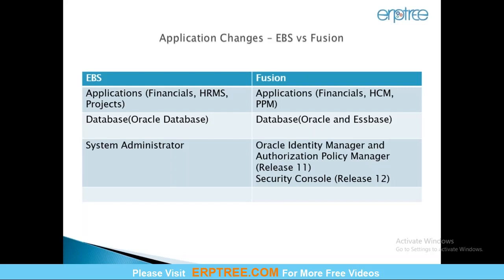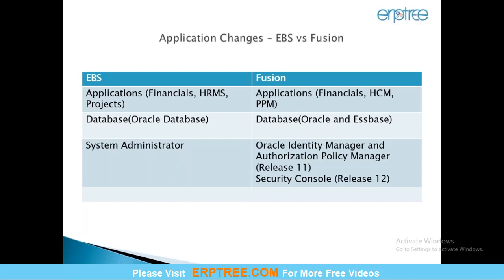But now in release 12, the release we are going to be trained on, we no longer have IDM and APM, which are Oracle Identity Manager and Authorization Policy Manager. We have only a security console inheriting the capabilities that IDM and APM used to perform.